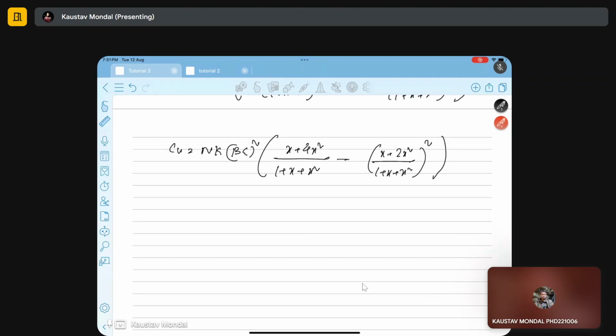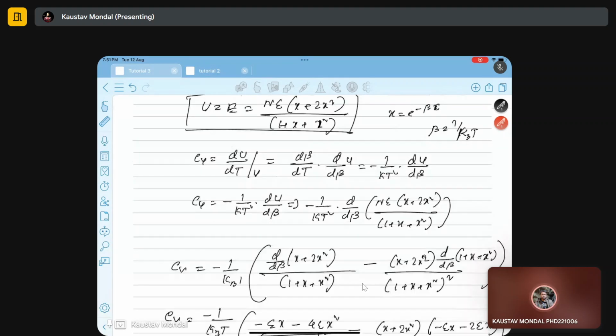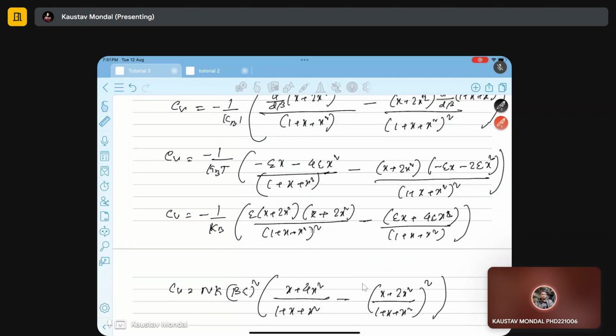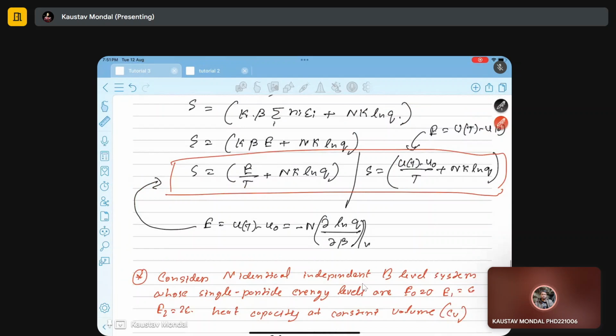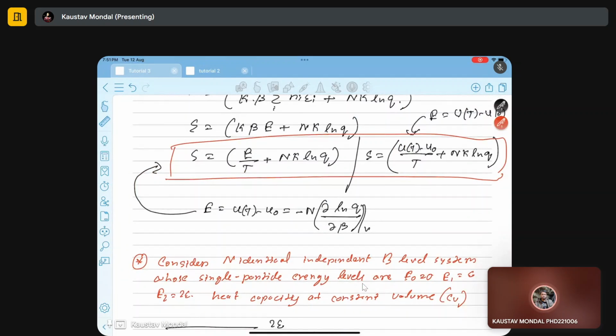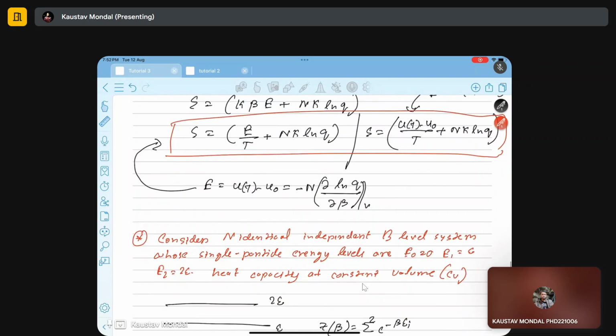Now we can also calculate the expression of the entropy from here, right? For the entropy, we need the total energy and the logarithm of Q. Total energy we already calculated, and the partition function Q or Z, whatever, we initially evaluated.